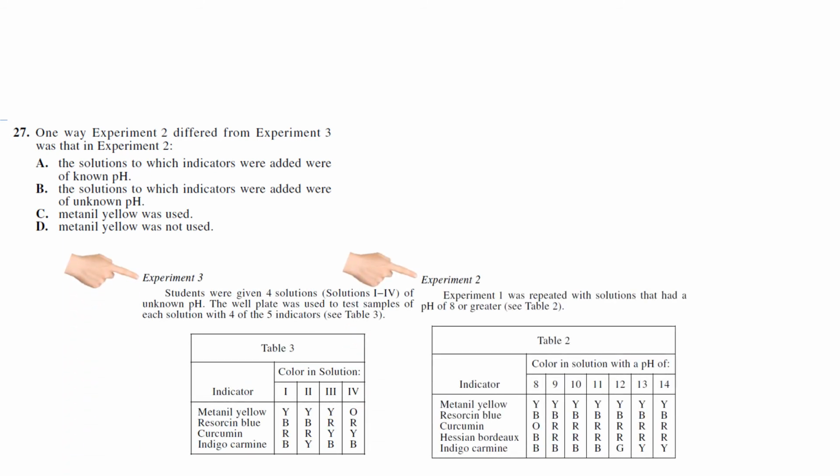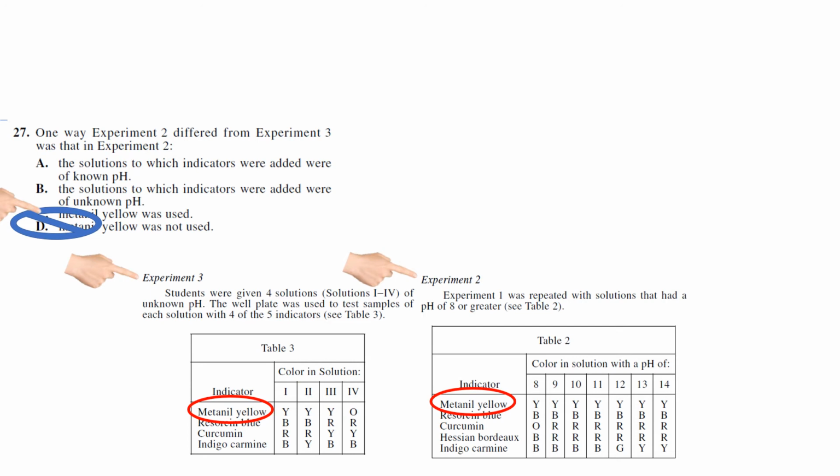One way experiment 2 differed from experiment 3 was that in experiment 2... So we're looking at experiments 2 and 3, and I first see methyl yellow in choices C and D. That's used in both experiment 2 and 3, so it's a pretty easy one to eliminate. Now choice A: the solutions to which the indicators were added were of a known pH, or choice B: of an unknown pH.